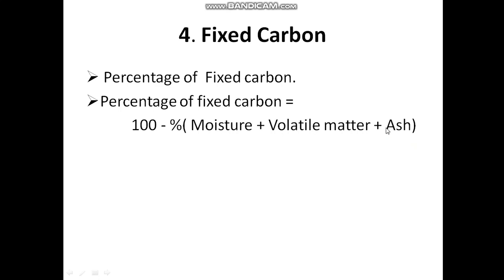So whatever the values we are getting here, we put them in place of moisture, volatile matter and ash content, and then the whole thing is subtracted from 100, and what we get is the fixed carbon. In this way we are going to calculate the fixed carbon in the coal sample. So this was all about the proximate analysis. Thank you.